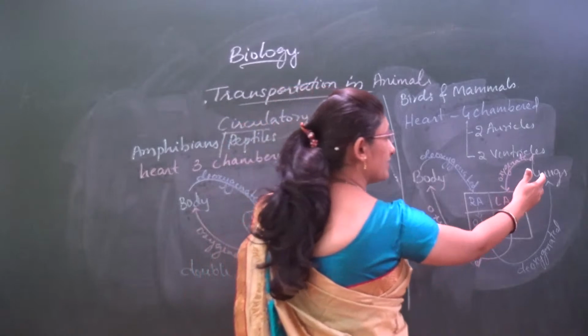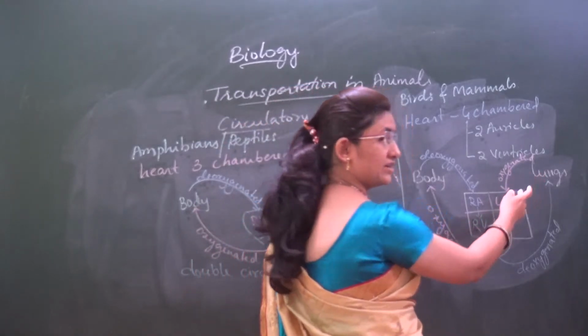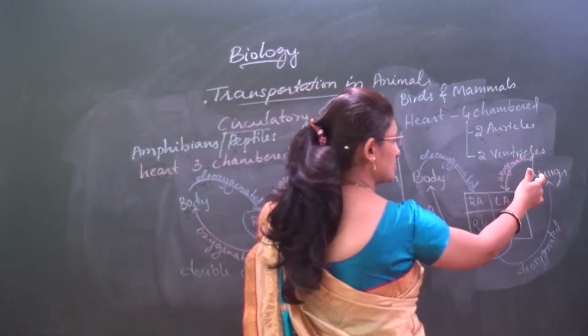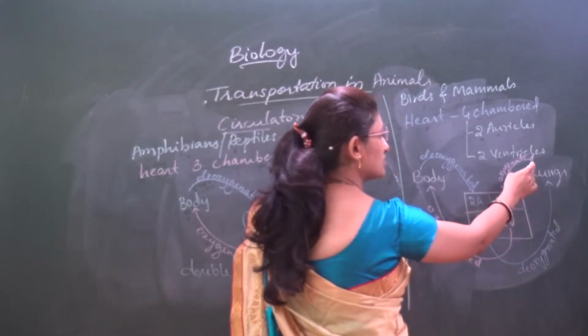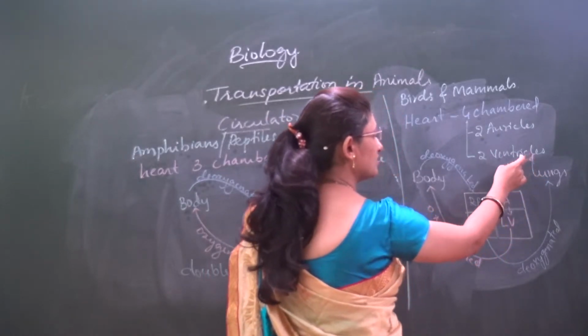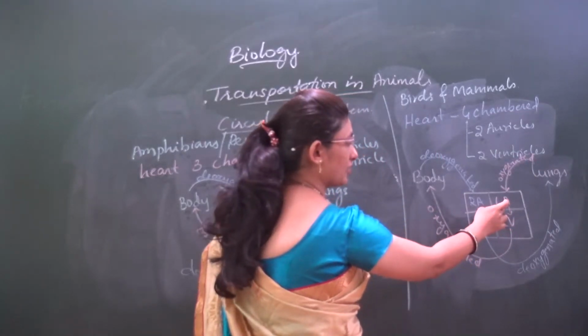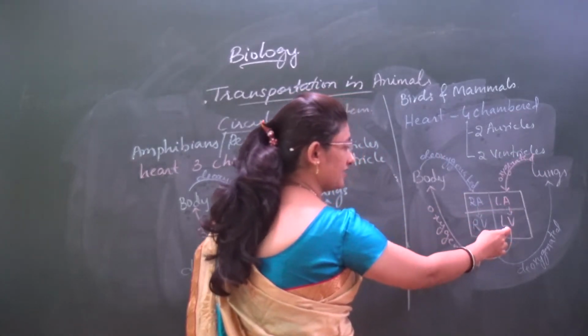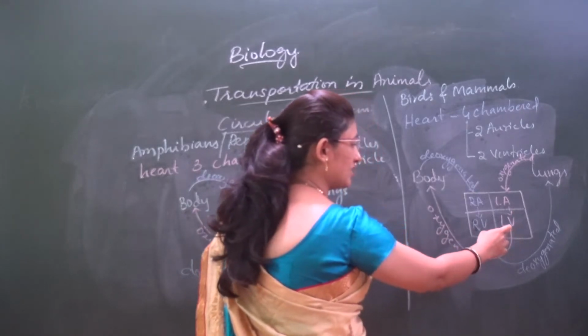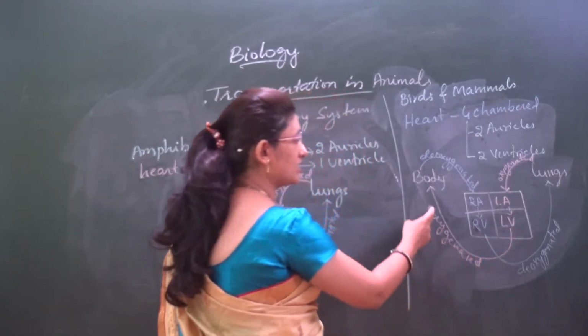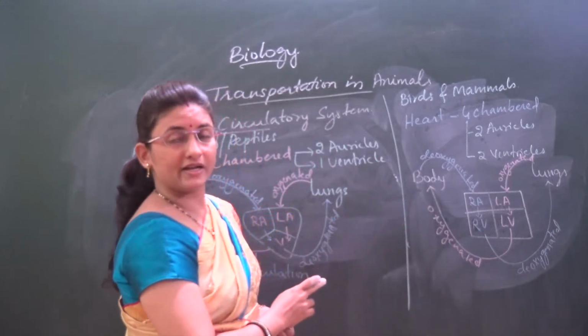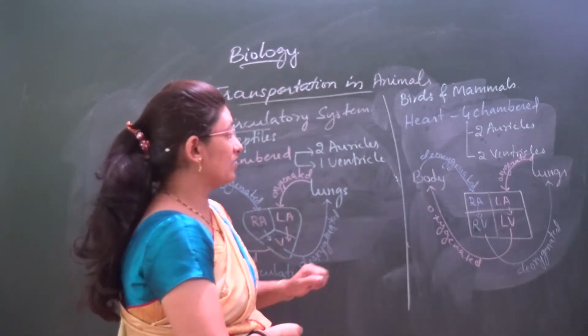Now, here the lungs are the respiratory organs in both the organisms. The oxygenated blood from the lungs flows into the left auricle. From the left auricle, it moves into the left ventricle. Oxygenated blood from the left ventricle is taken to the body cells. Cellular activities are carried out.